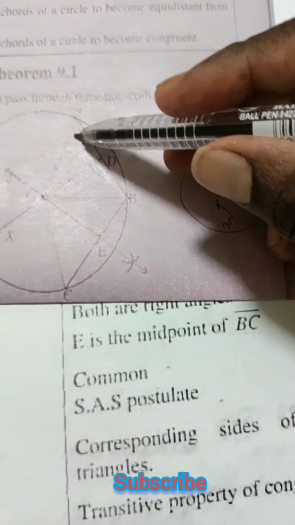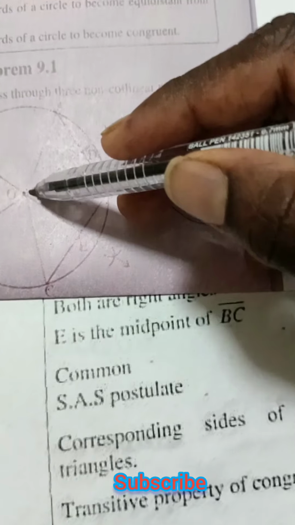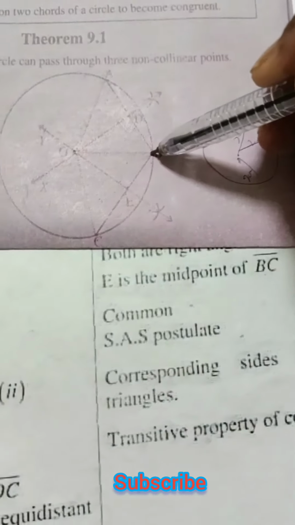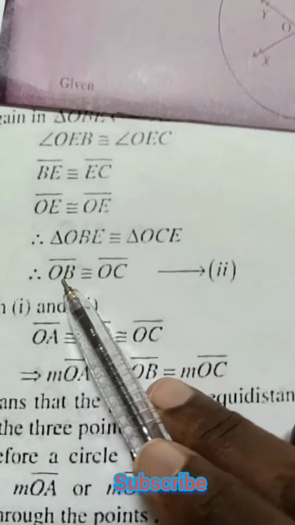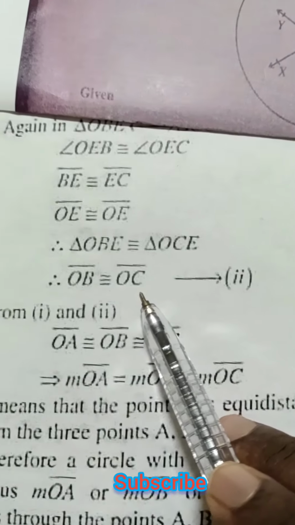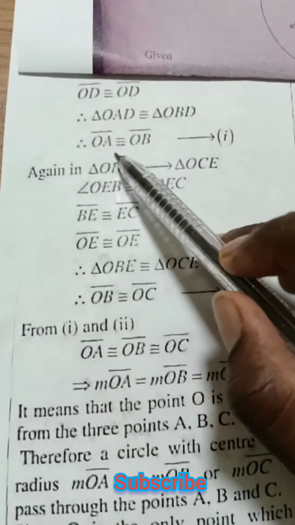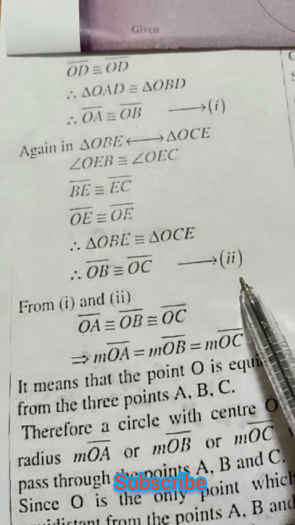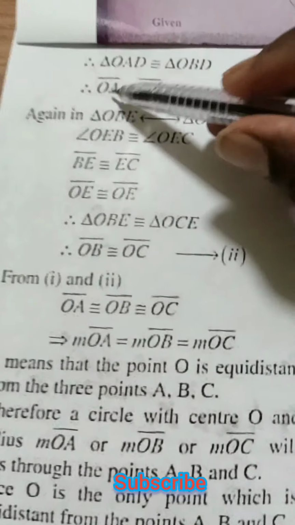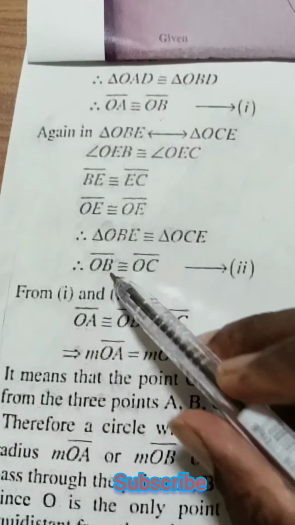So OA is equal to OB in the first one, and now we have found OB congruent to OC.